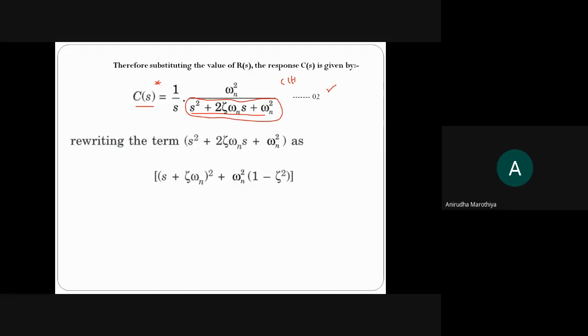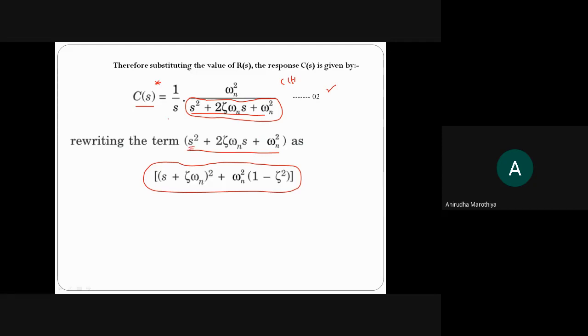Now, what is the standard form? This expression indicates its standard form. Now, how did we get this equation? See here, we have s square plus twice zeta omega n s plus omega n square. Now, this is not a perfect square. In order to make this expression a perfect square, let us consider that this is your a.